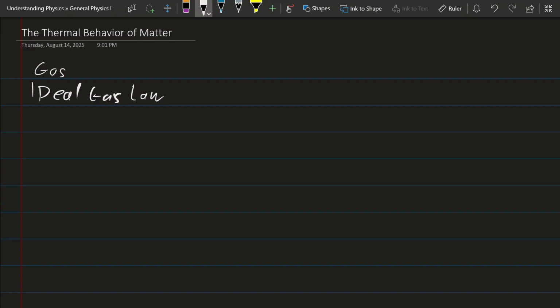If you look at an ideal gas and do experiments on it, you would gain the relation PV equals NkT, or sometimes you could call this nRT. So, how do you form this formula first?